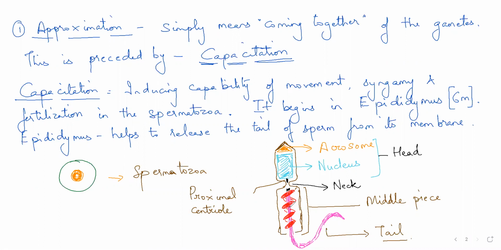The centriole is giving rise to this complete tail. This centriole is the distal centriole, the one at the back. This is the distal centriole, right? The sheath of mitochondria. These are mitochondria, right?